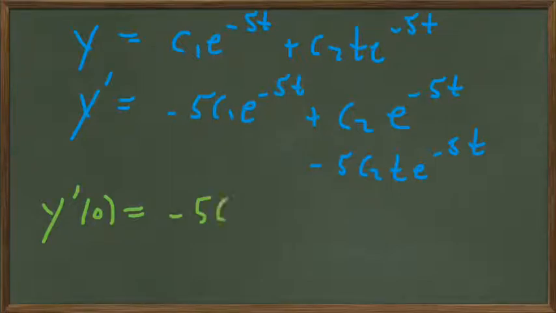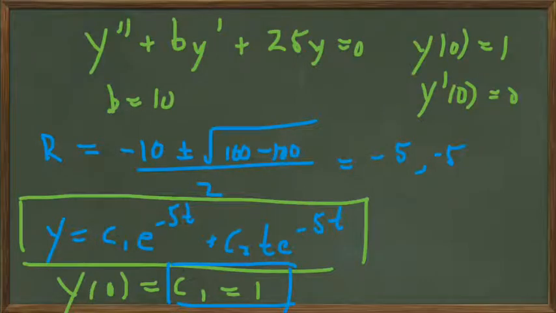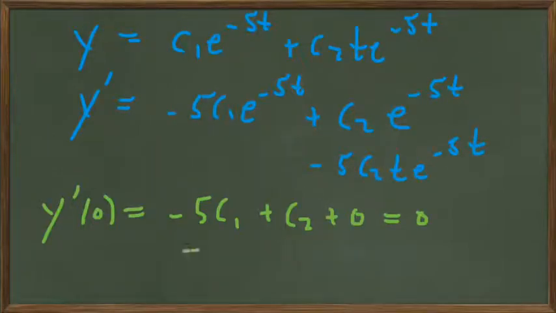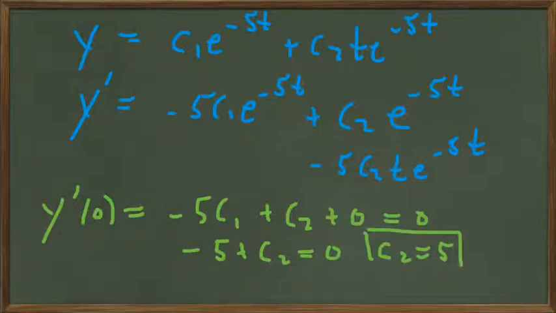So y prime of 0 would be, what? Minus 5 c1 plus c2 plus 0 equals 0. Remember that our c1 was 1, so minus 5 plus c2 equals 0, c2 equals 5.